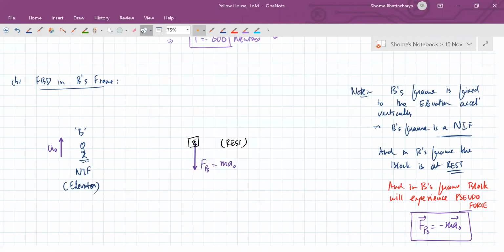Then of course there are the forces of tension and weight.